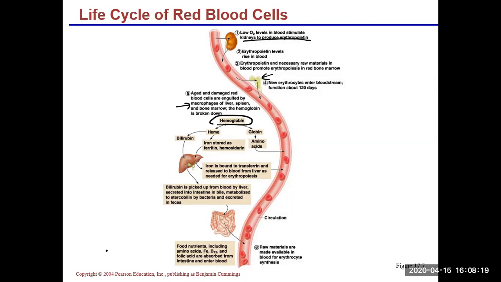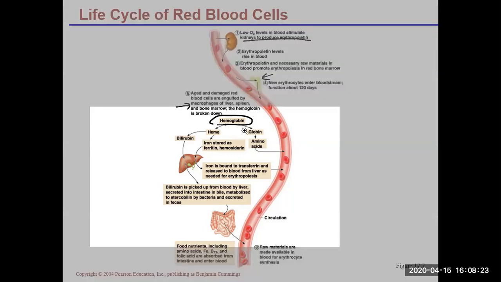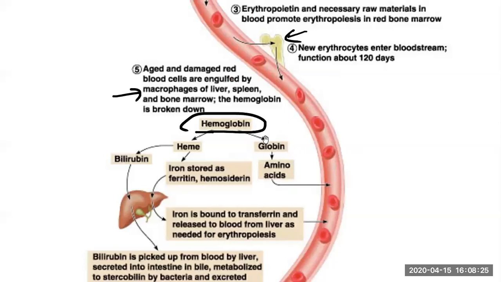Here's the hemoglobin. Let me increase it so you can see it a little bit better. One part of it is the globin, which is the protein part. That would be metabolized into amino acids and released into the circulation. From then on, it could be utilized by our cells. What about the heme group? If you remember, the heme group had the iron as well.